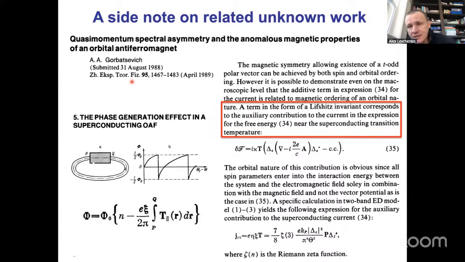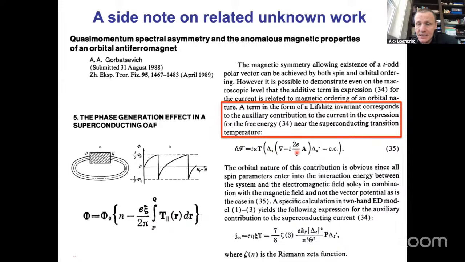It turns out that in section 5 of this article, he actually discussed a superconducting state which coexists with magnetism. And he points out that in these systems, there are Lifshitz invariants of a particular structure.